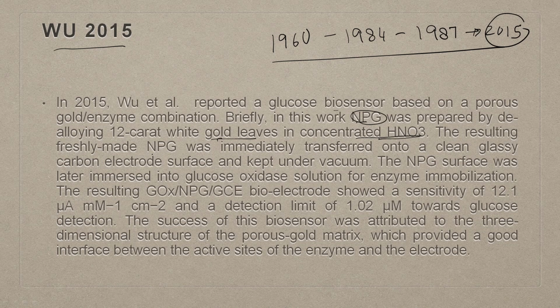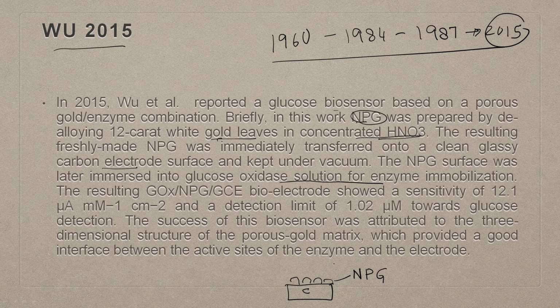The resulting freshly made NPG was immediately transferred onto a clean glassy carbon electrode. So, you have a carbon electrode, and on that you have a layer of porous gold, which is the NPG layer, transferred onto the glassy carbon electrode surface and kept under vacuum. The NPG surface was later immersed into glucose oxidase solution for enzyme immobilization.